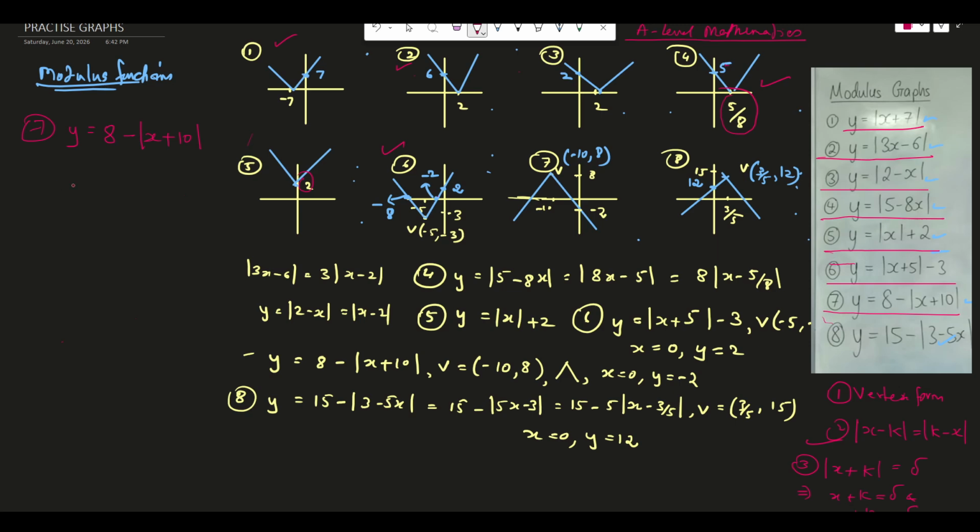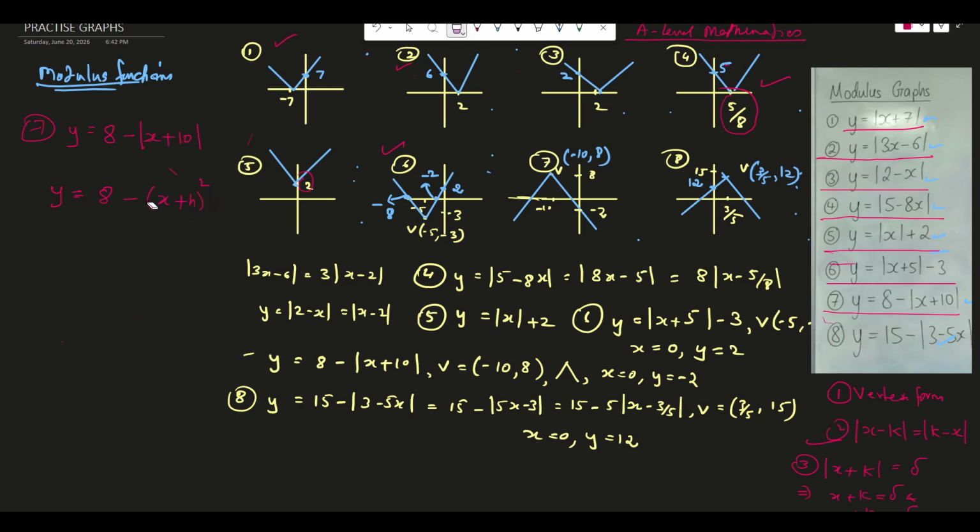In the quadratic, suppose you have y is equal to, say, 8, and then instead of this modulus function you have x plus h the whole square, and then plus k. Now plus k is over here.